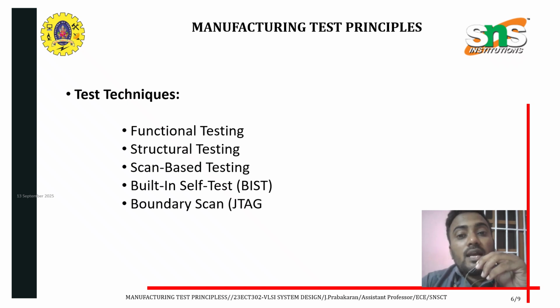Verifying the complete design functionality is called functional testing. Structural testing focuses on fault models, which means stuck-at fault, bridging fault, all those things. Next one is scan-based test, which uses a scan chain for controllability and observability.